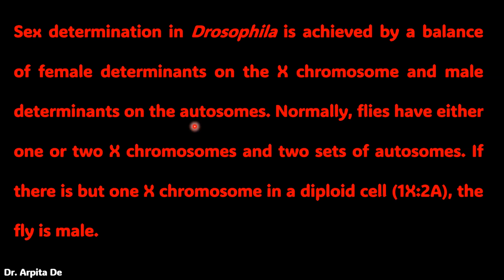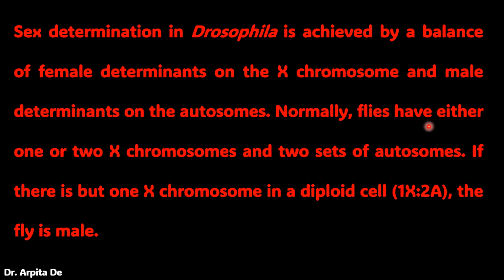Femaleness is controlled by X chromosomes and maleness is controlled by autosomes here. So, what did I say? It is achieved by a balance of female determinants on the X chromosome and male determinants on the autosomes.